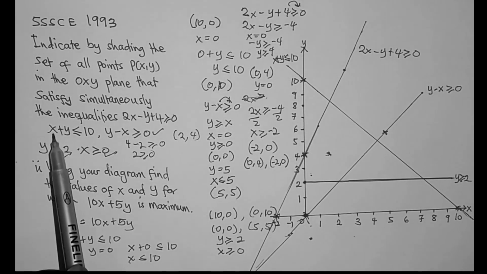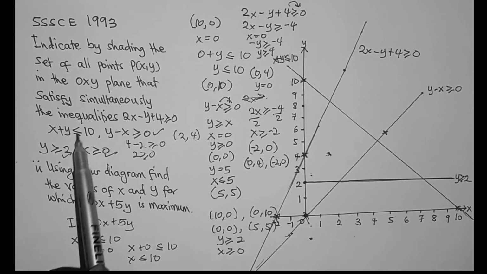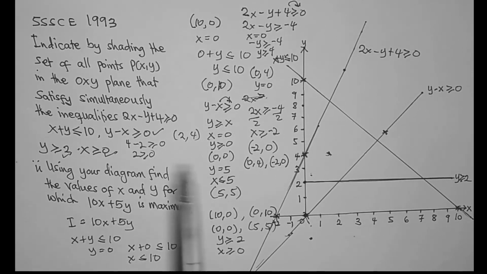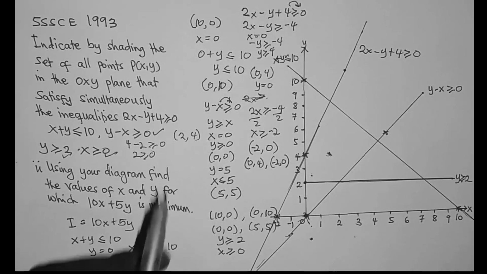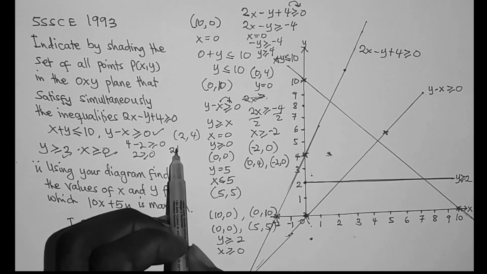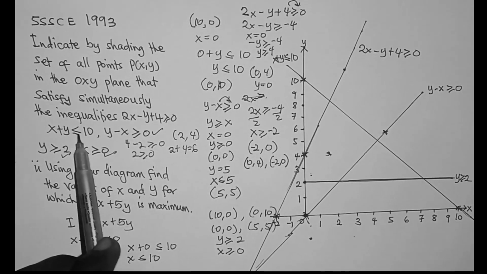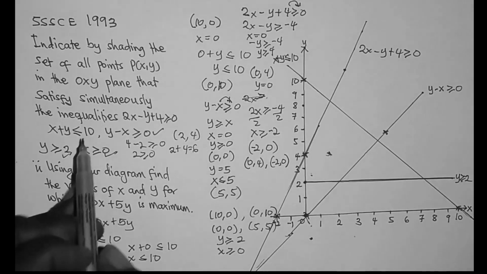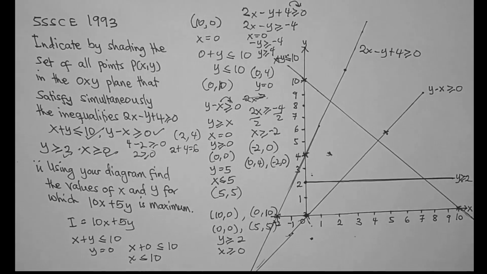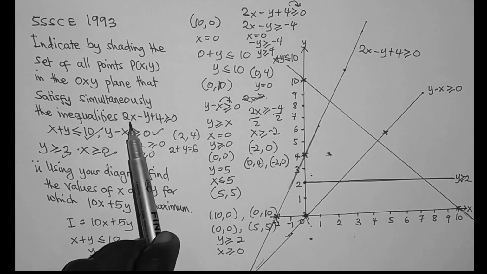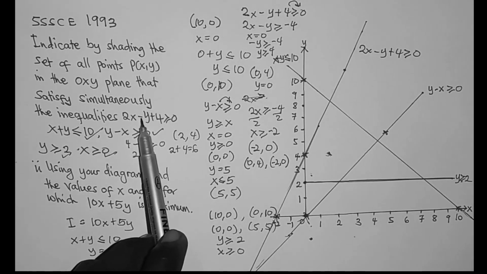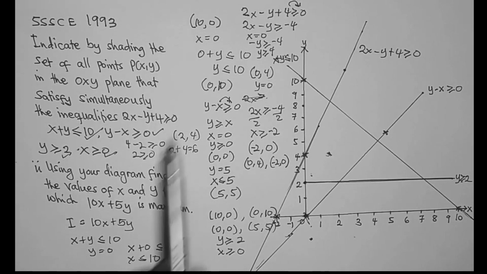And the next one is x plus y is less than or equal to 10. x is 2 and y is 4. Let's find 2 plus 4. It is equal to 6. And 6 is less than or equal to 10. And that is true. It also passes for this constraint. The last one is 2x minus y plus 4 is greater or equal to 0.